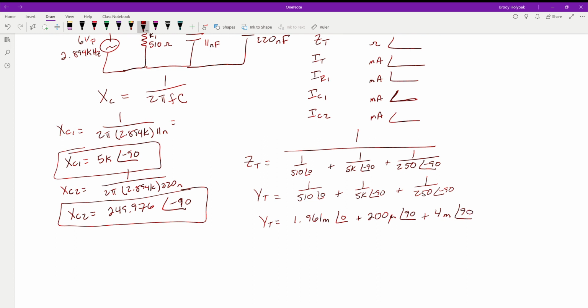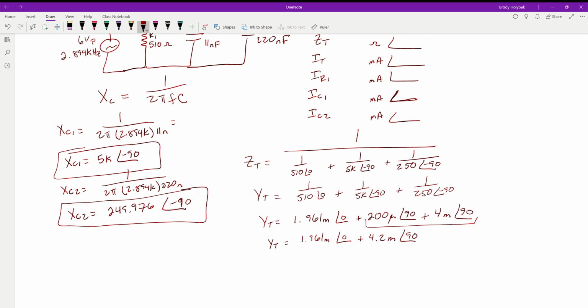Again, we're going to combine these two together because they have the same angle. So we end up with 1.961 milli at 0 plus 4.2 milli at 90. Now we know we're going to have to take the reciprocal of this again.